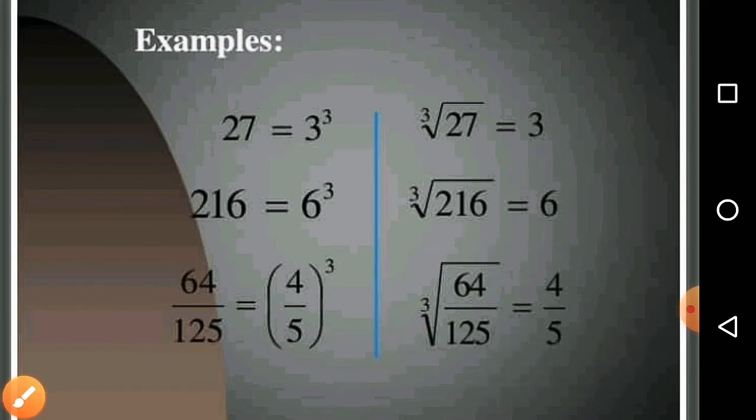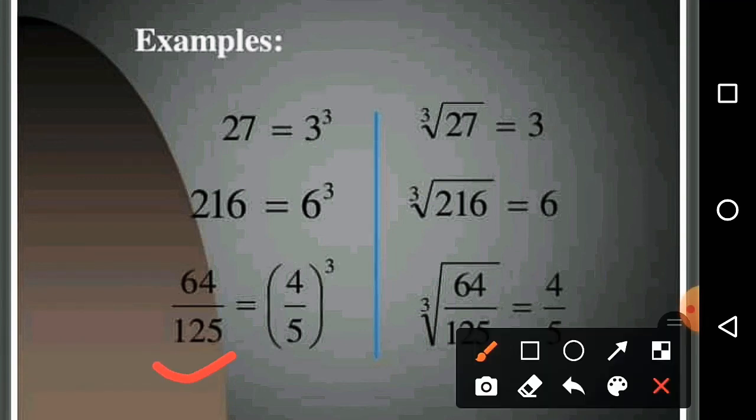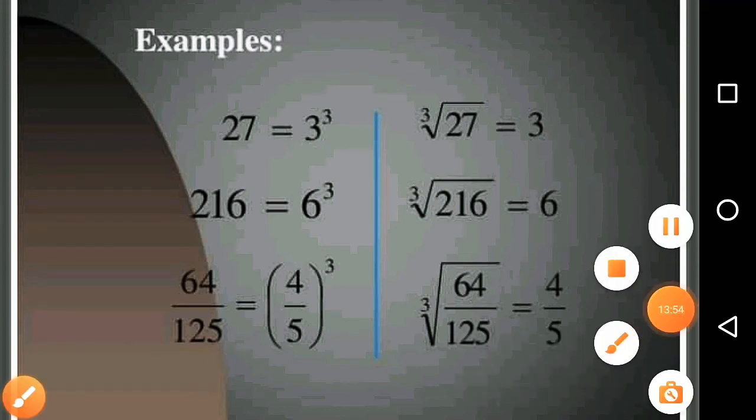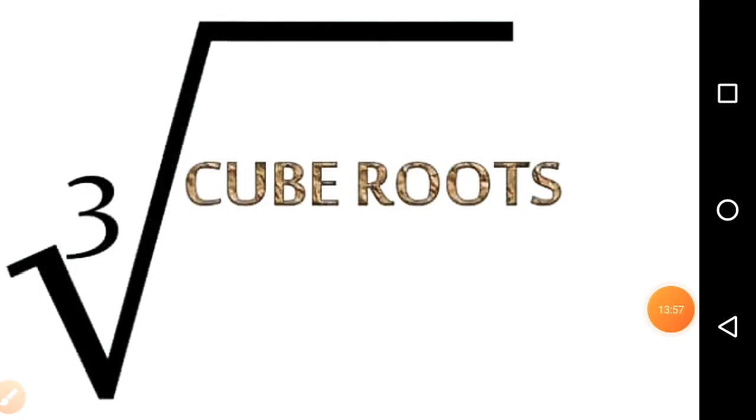It will be 4 upon 5. So this is the cube and this answer is the cube root of that. Hope I am clear. Now this is the symbol of cube root. Okay, so the symbol for cube root is this.